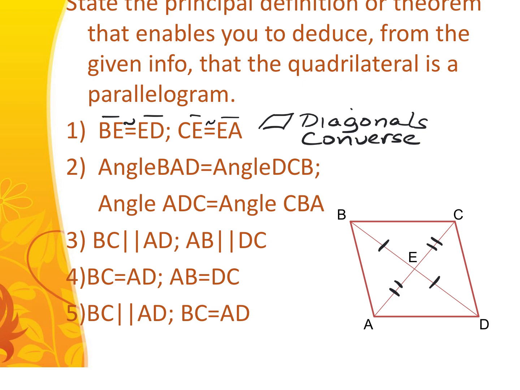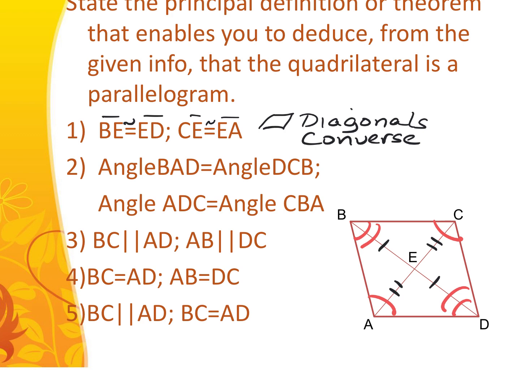For the next one, we have angle BAD, which is here, congruent to angle DCB, and then angle ADC congruent to CBA. Notice these are opposite angles in my quadrilateral.